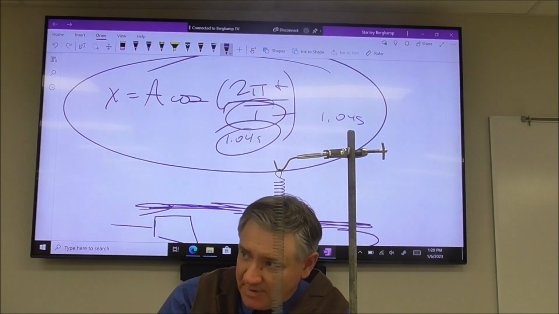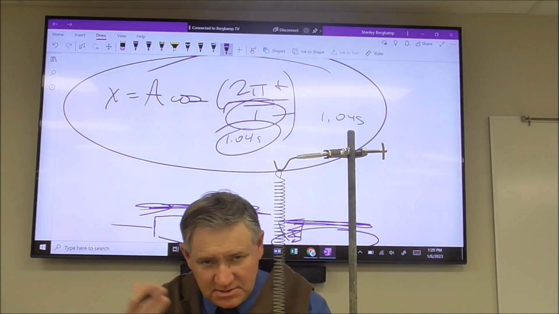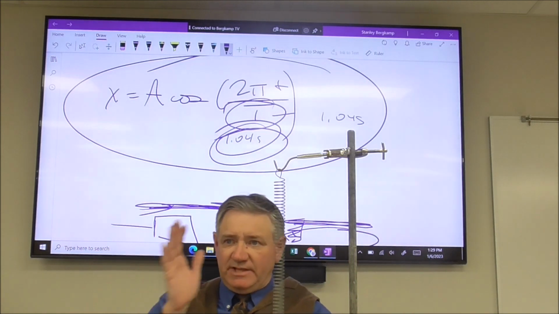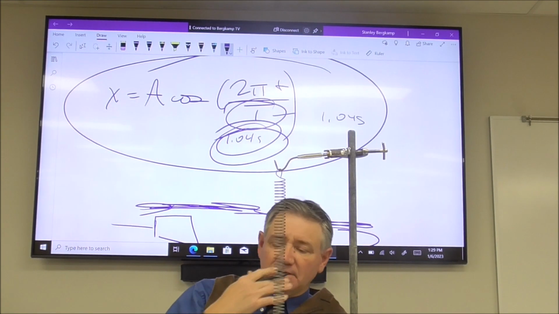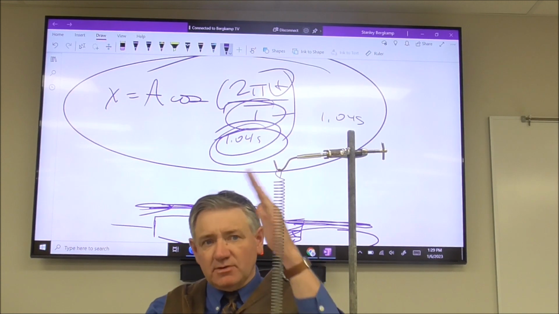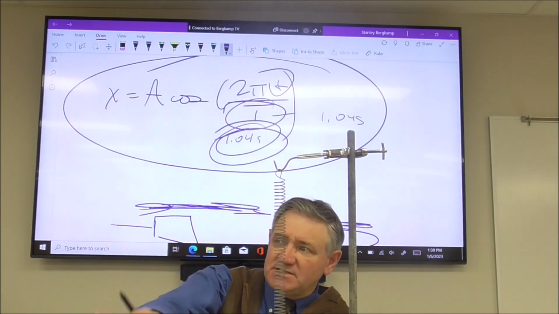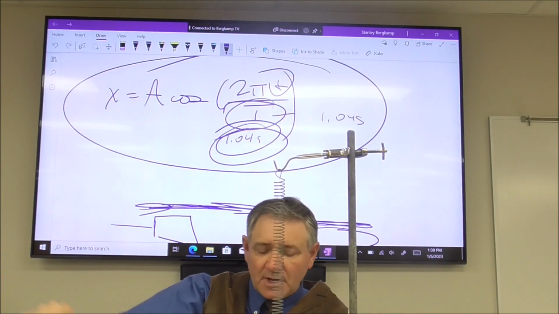That's going to be this value of capital T. So what we're going to look at is different values of time. The 1.04 isn't going to change because that's the value for that particular spring. So no matter what I do with little t, I'm not going to change that value of big T. So Gracie's group is 1.04 seconds. That's that value of capital T.